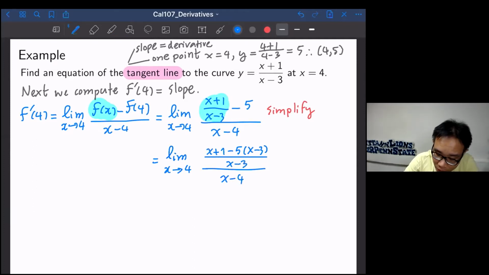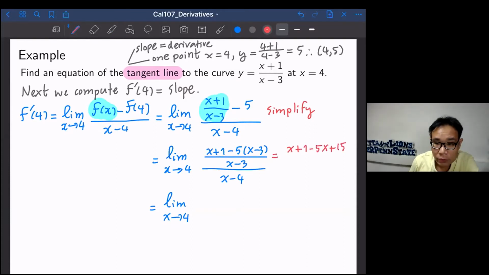So this function on top turns out to be x plus 1 minus 5x plus 15, over x minus 3.